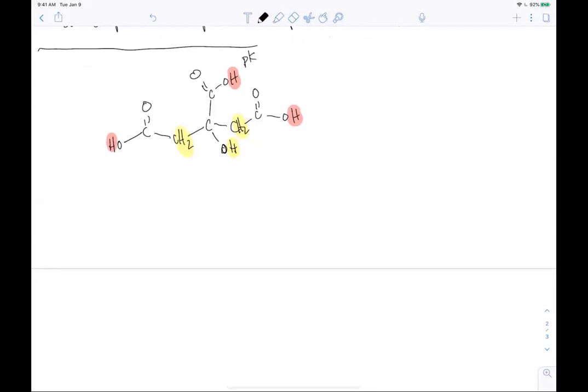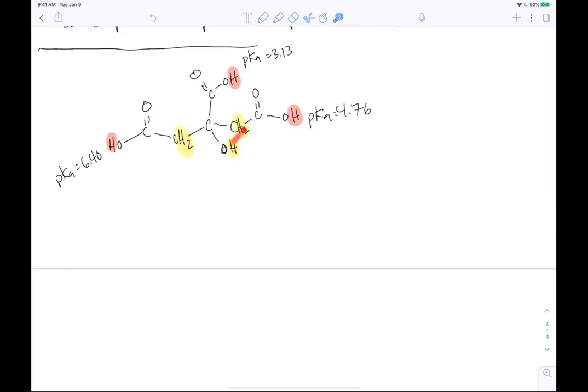So this one might have a pKa of 3.13. Then this one will have a pKa of 4.76. And then this one might have a pKa of 6.40. So it has 3 different protons on it. These pKa's over here are so large that they don't matter.